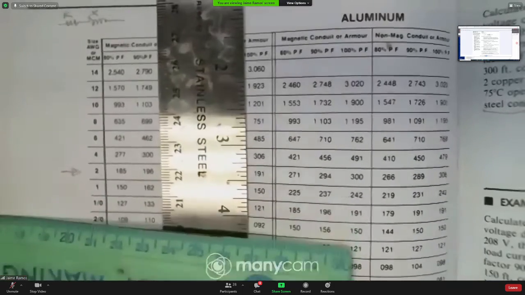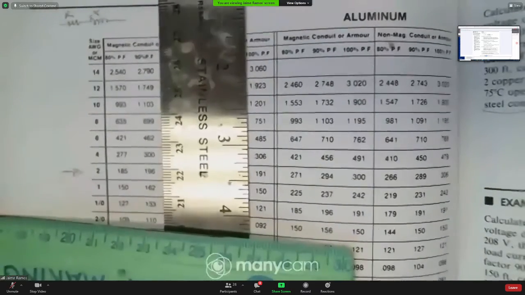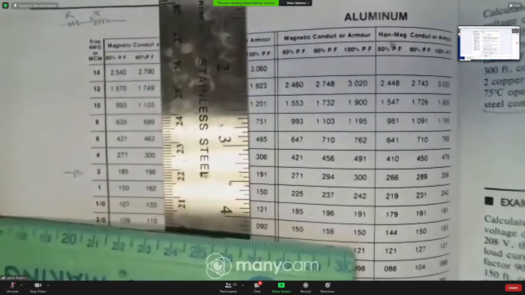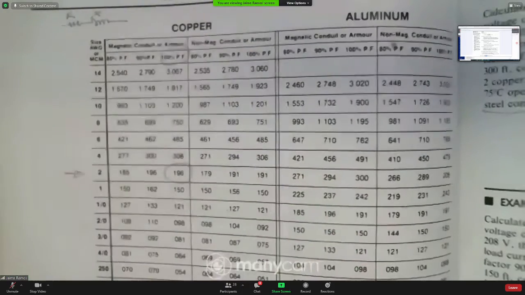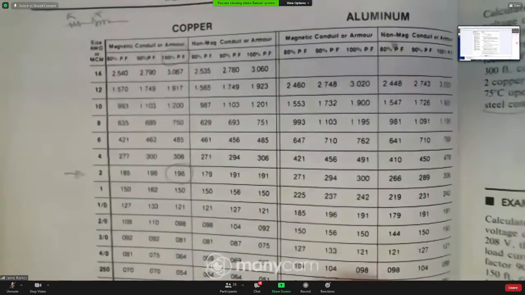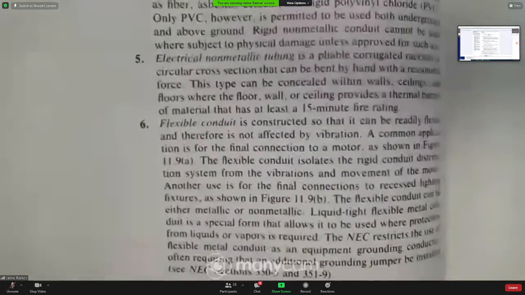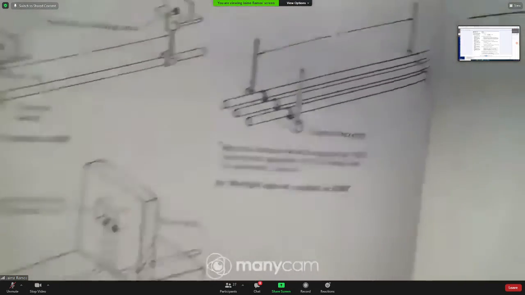So this will be fine. Okay, 1/0. Now something else, the size of conduit. There is one more table. It says table 11.6, right here.